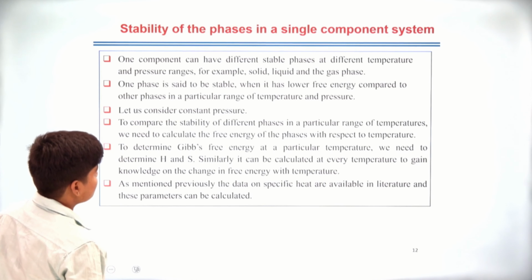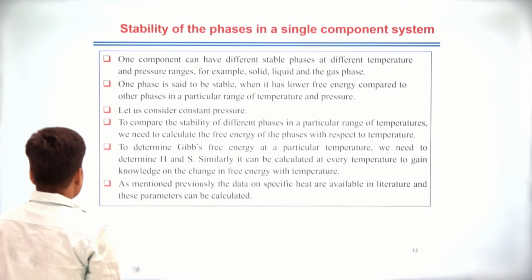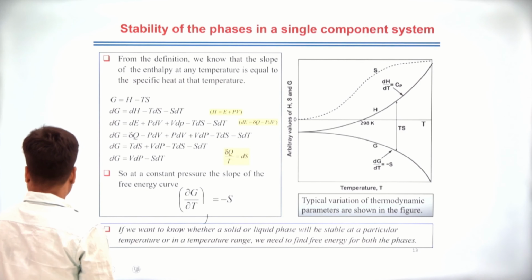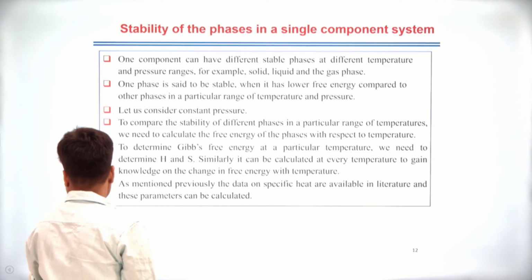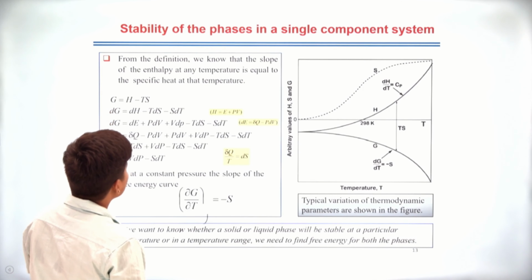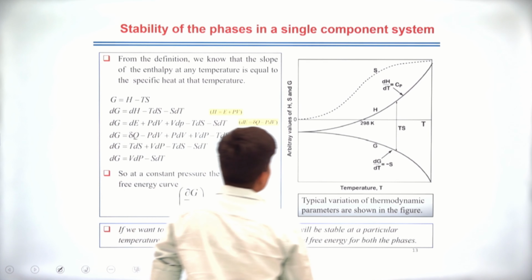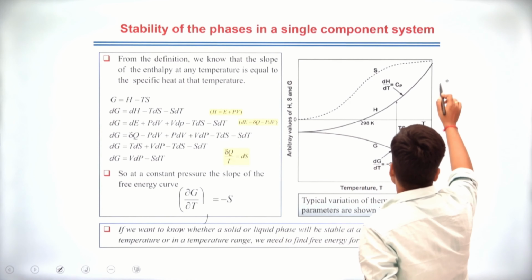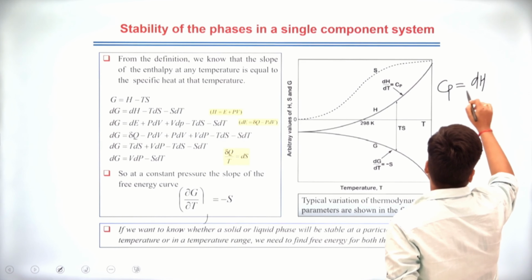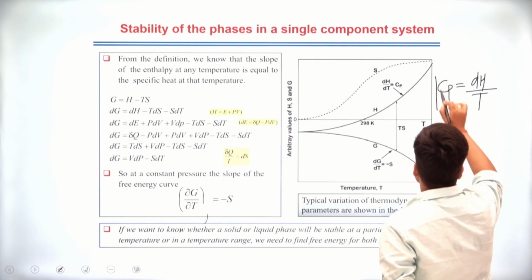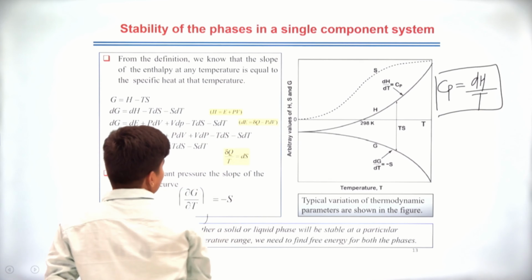So now, stability of the phases in a single component system. Here is the graph. We know the specific heat; from the previous slide we derived the specific heat at constant pressure, it is dH by dT.